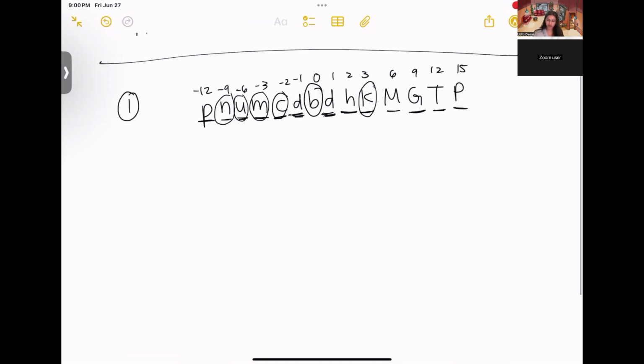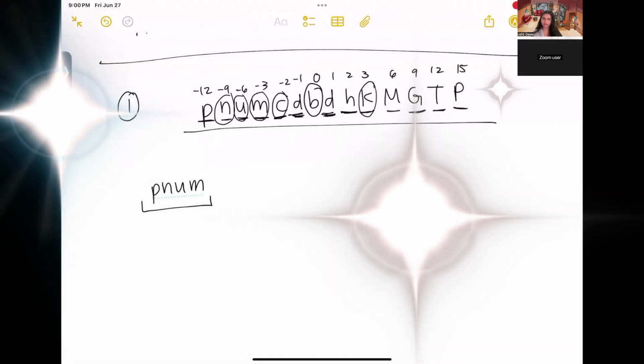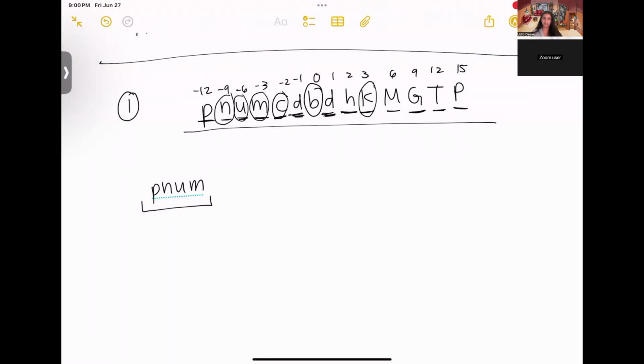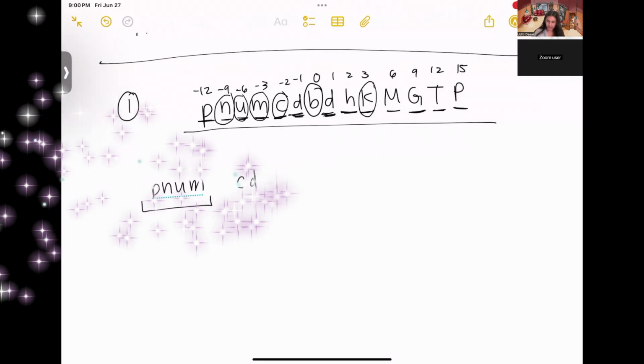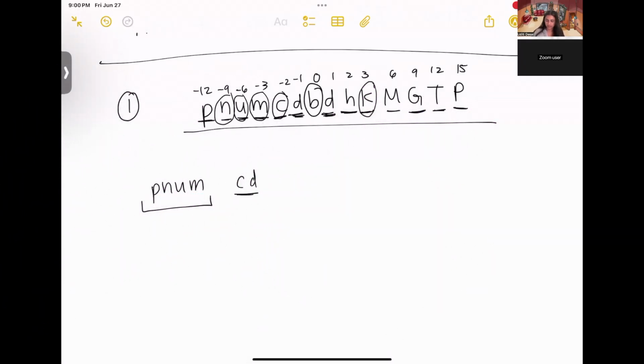So how I memorized this whole thing, other than writing it like 30 times, was when I write this, I think of Punam, like the name, and then CD like a CD. BD is like baby daddy. And then HK, for some reason, I just think of hot Kool-Aid. That was just the first thing that came into my mind.